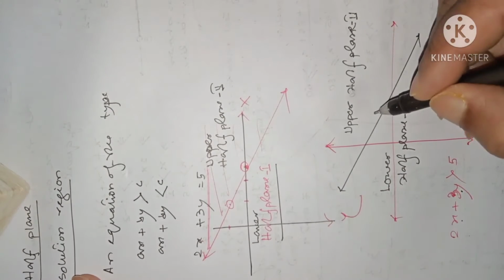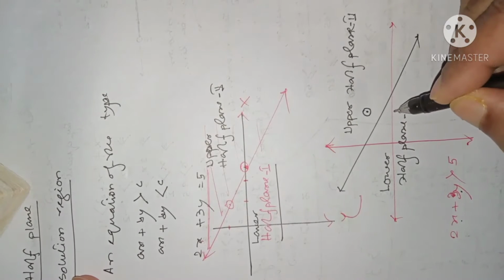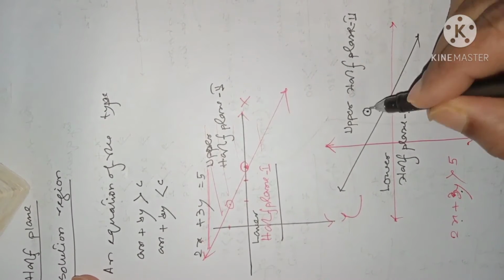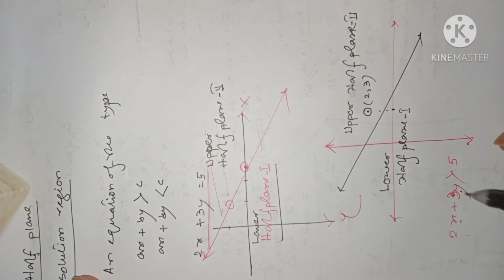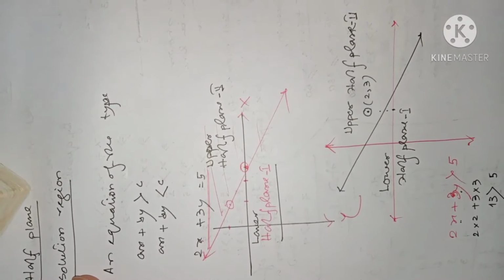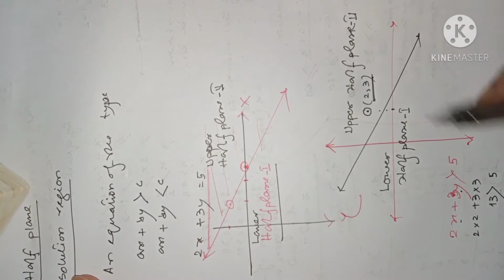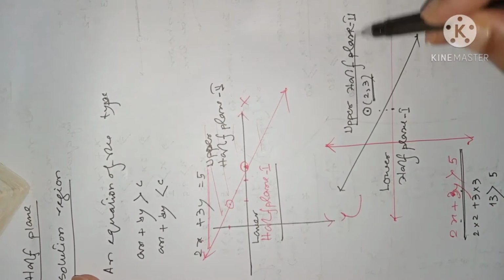Suppose I select a point, 2 comma 3. If I insert 2 for x and 3 for y, that is 2 into 2 plus 3 into 3, which gives 4 plus 9, 13. 13 is greater than 5. That means this pair of numbers satisfies this inequation, and it lies in the upper half plane 2.